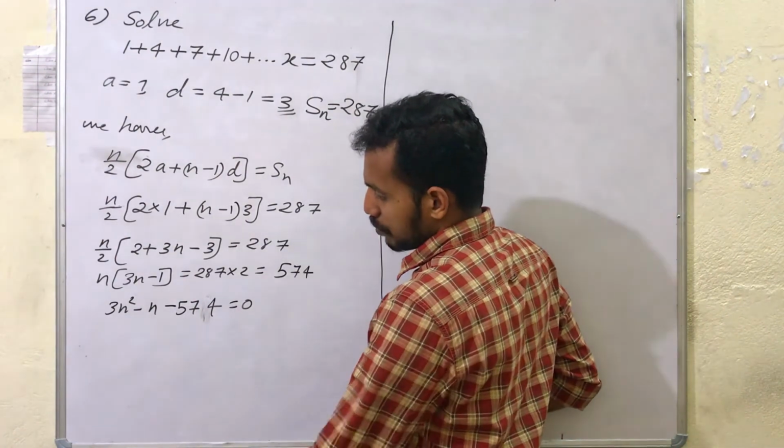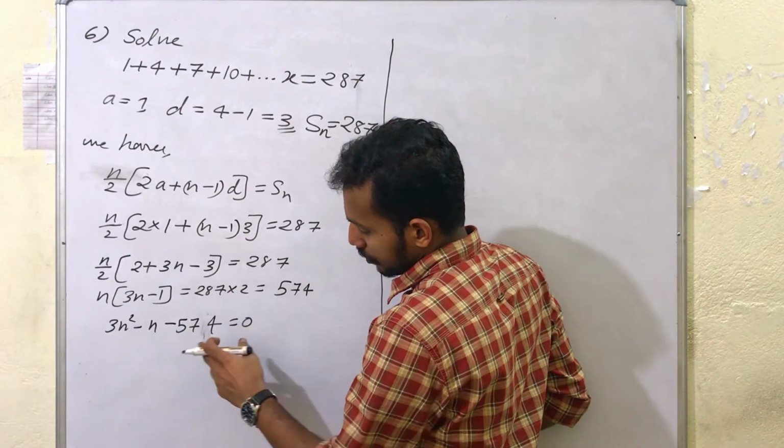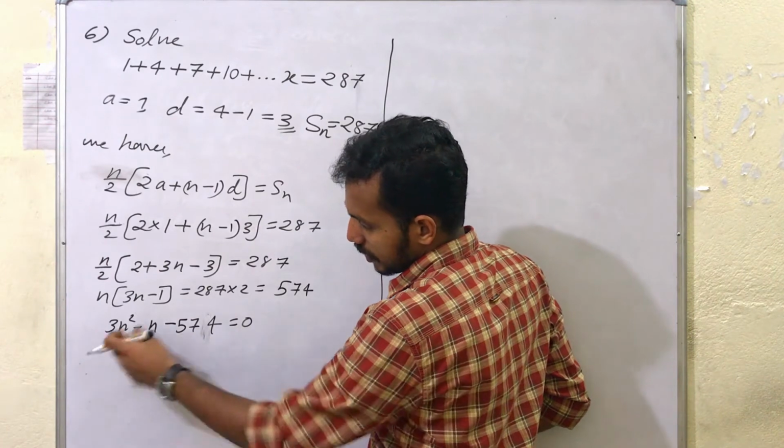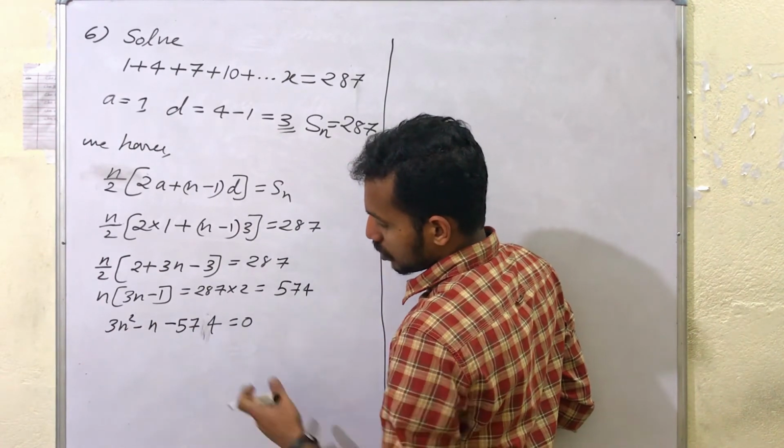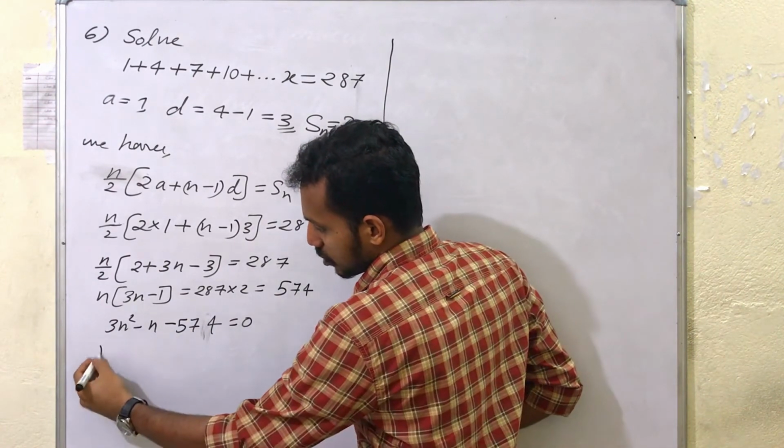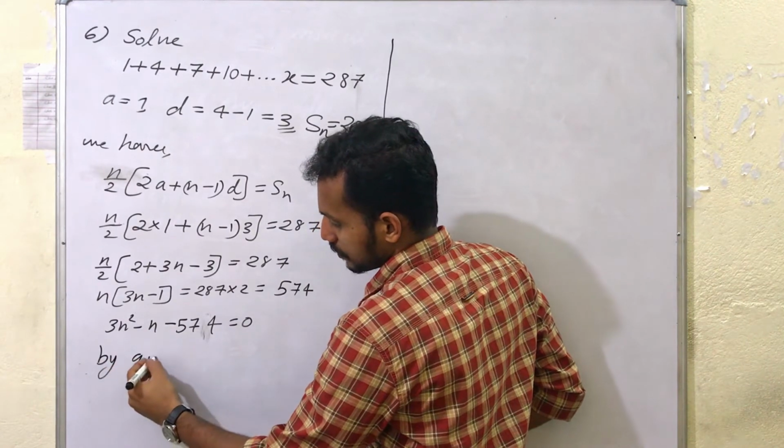We can solve it by factorization, but 574 and 3 are there, so I think it's better to solve by quadratic formula.